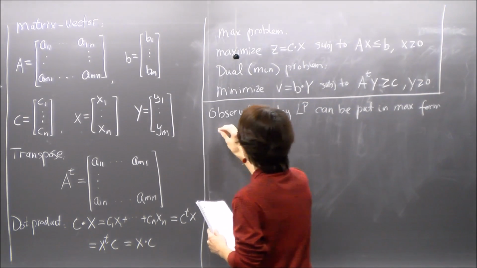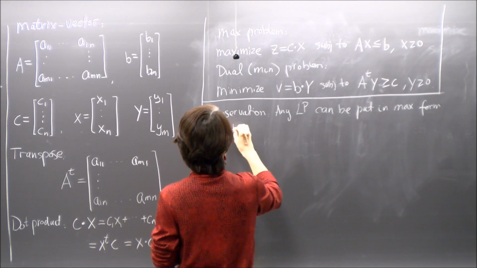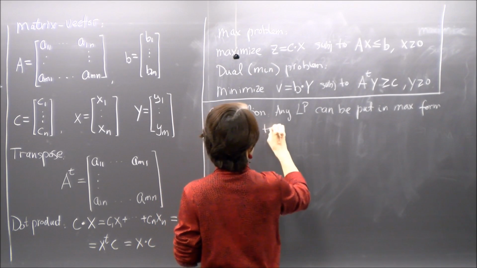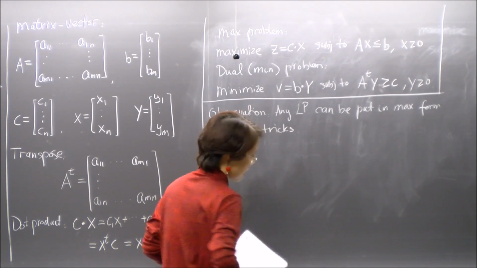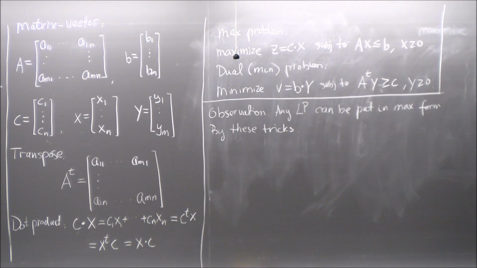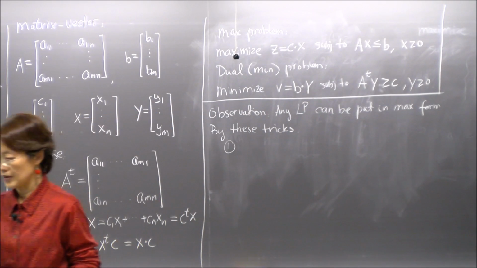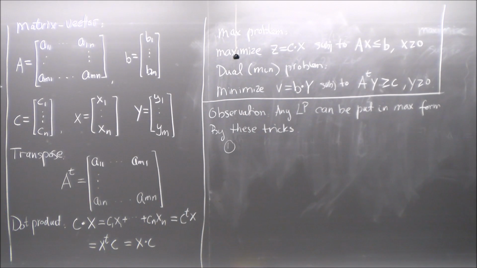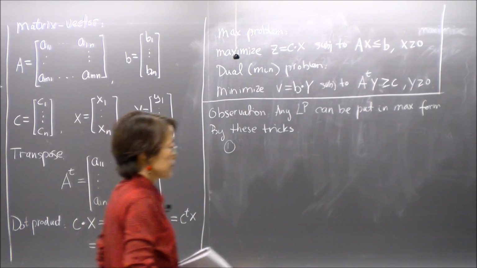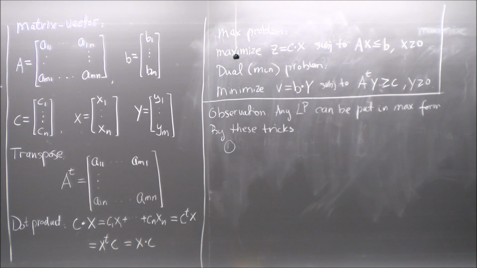How? Well, just by these tricks. I'll explain these tricks, and then it shall be obvious that you can do it. So how can your problem be different from the max problem? First, you might have a minimization problem, not a maximizing problem. How do you change it into a maximizing problem? Have we done that somewhere when we put it in the standard form?